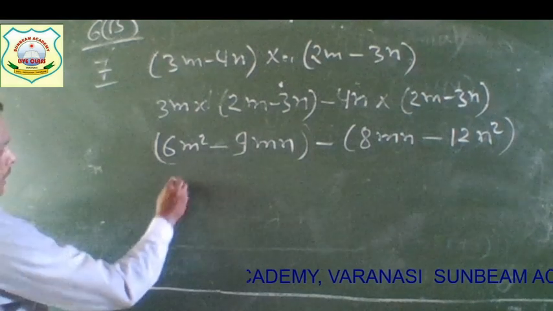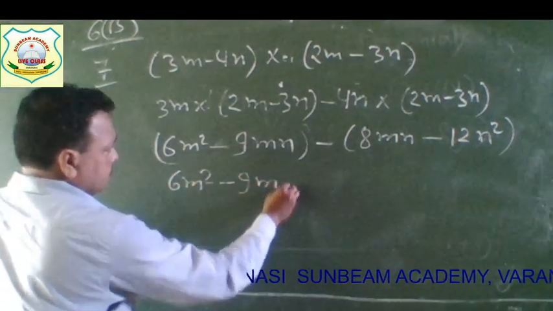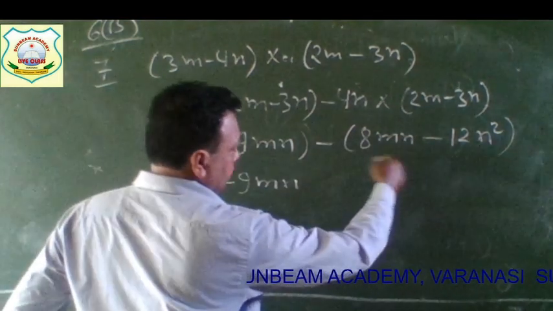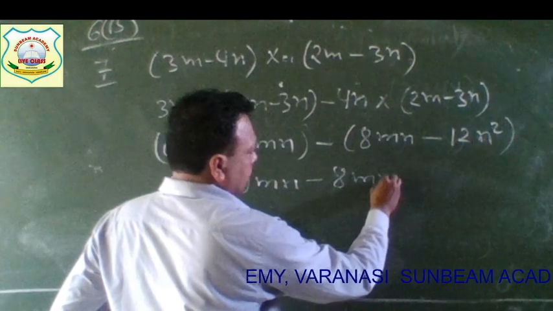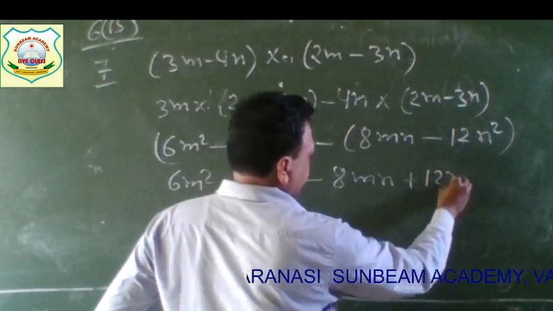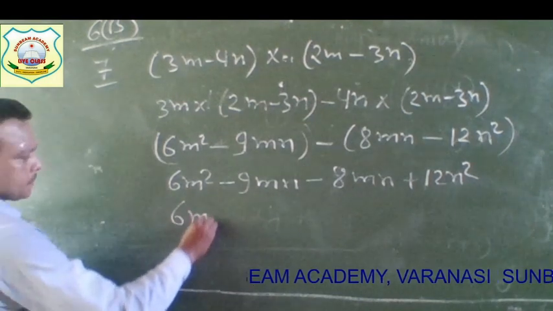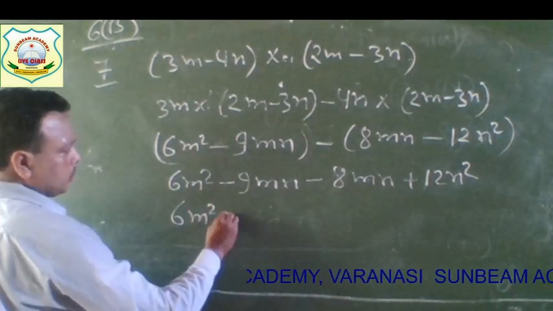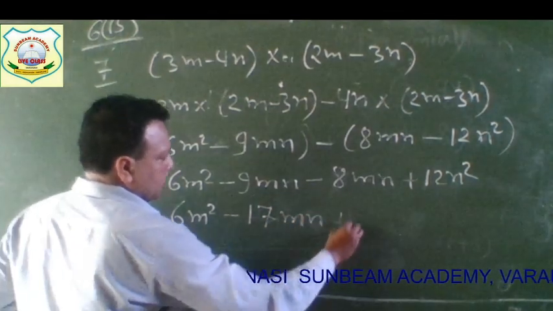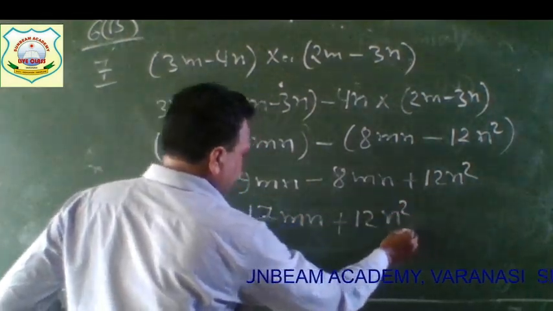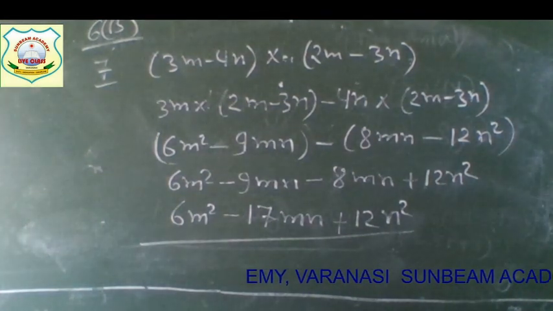Students, 6. Now open the bracket: 6m square minus 9mn. Now open the bracket, when we open the bracket, the sign will change: 8mn, then the sign will be plus 12n square. 6m square, minus plus, so it will be minus 17mn plus 12n square. It will be your answer. Students, note it down here.